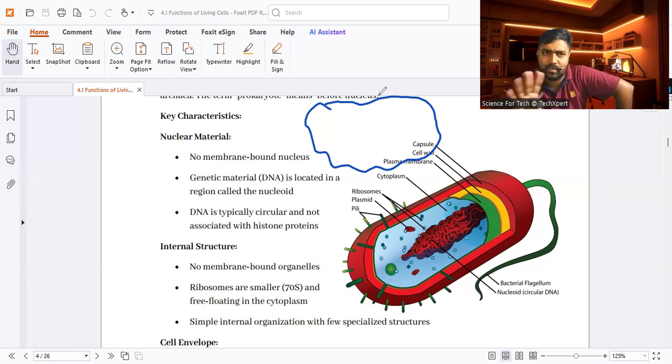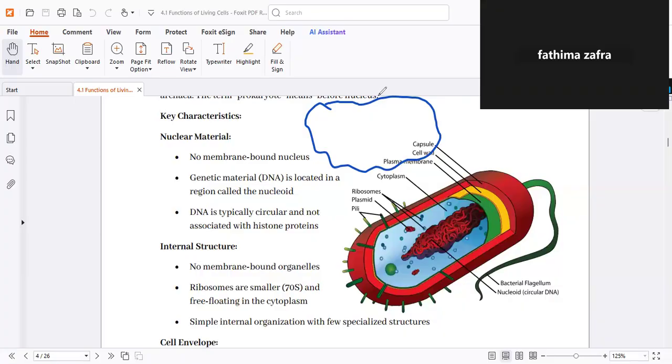It is prepared only for studying purposes, and that is known as the typical cell. It has all the organelles and components we want to learn. Understood? Yes, sir.